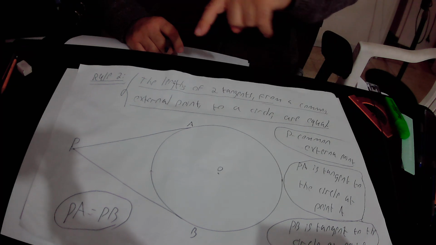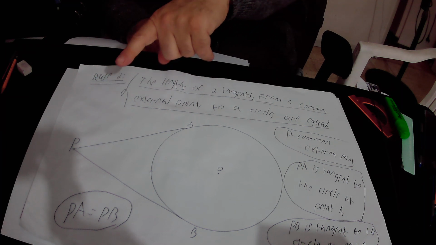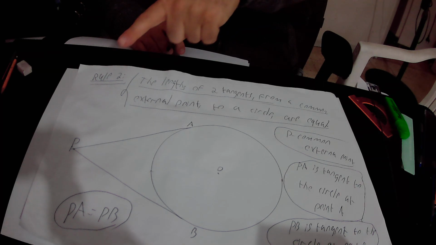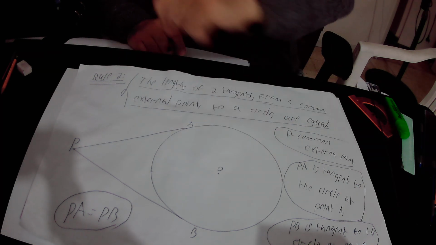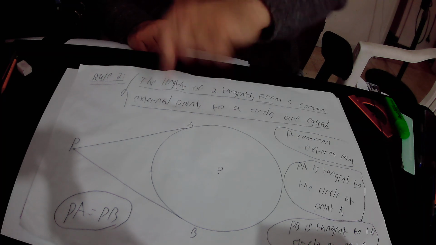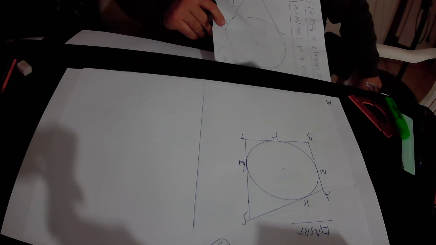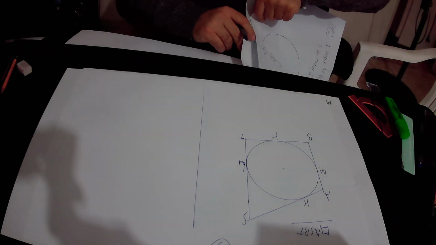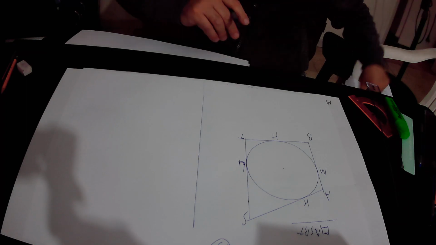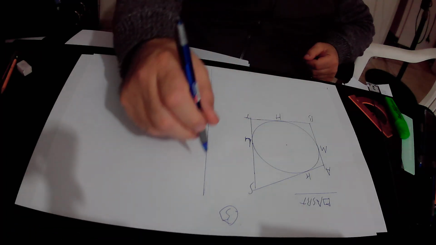So we have in the drawing a circle and the common standpoint point P. From the common standpoint point P, we have two tangents to this circle, tangent PA and tangent PB. According to this rule 2, they are equal to each other. This is to say PA equals PB. So we'll implement rule 2 in our drawing. We will focus on the common standpoint point A.